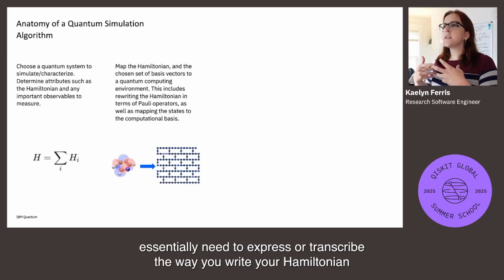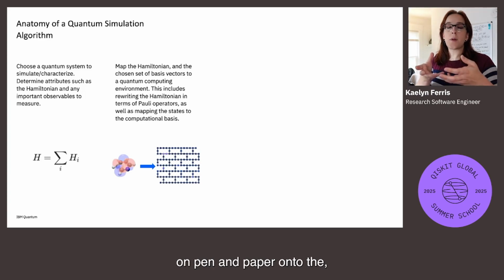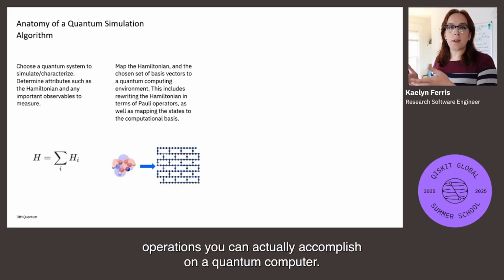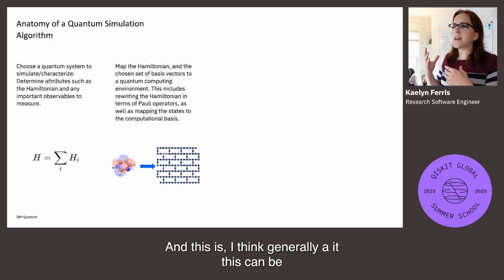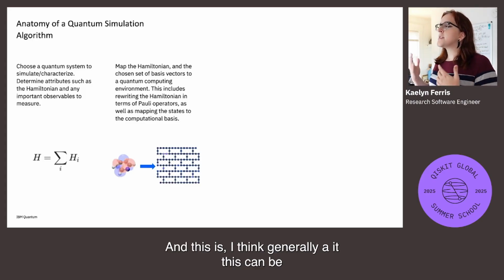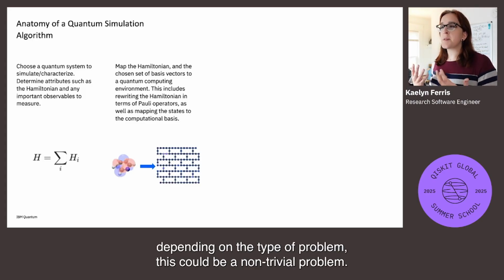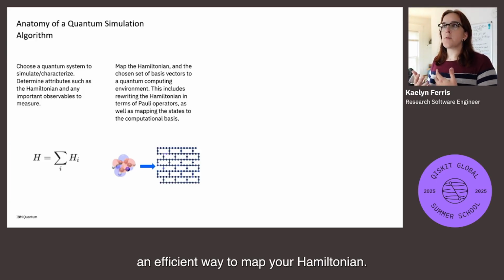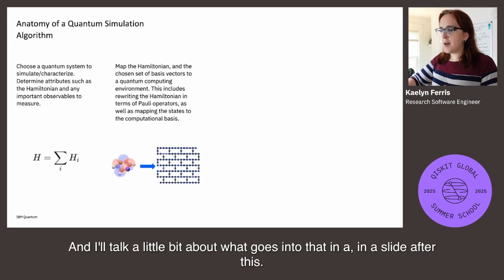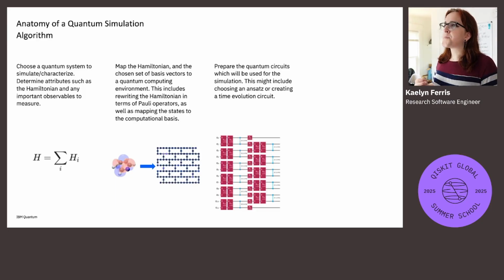Essentially, you need to express or transcribe the way you write your Hamiltonian on pen and paper onto the operations you can actually accomplish on a quantum computer. And generally, depending on the type of problem, this could be a non-trivial problem. And it's important to choose an efficient way to map your Hamiltonian. I'll talk a little bit about what goes into that in a slide after this.